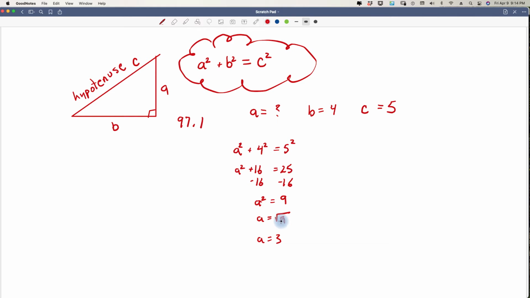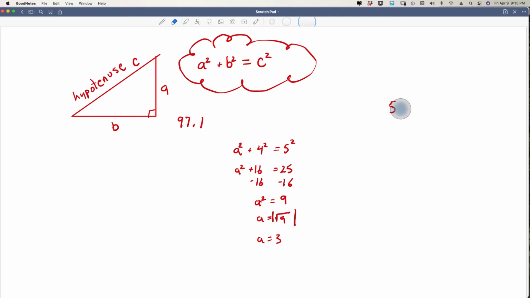It is always positive. That is where your absolute value comes into play. You could almost put in an absolute value symbol here because that's technically what we're doing, taking the absolute value of the square root of 9. So there is no plus or minus in relationship to the hypotenuse formula. All right? So A would equal 3 in this scenario.